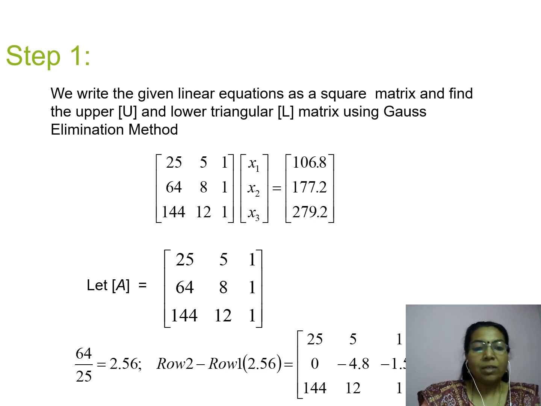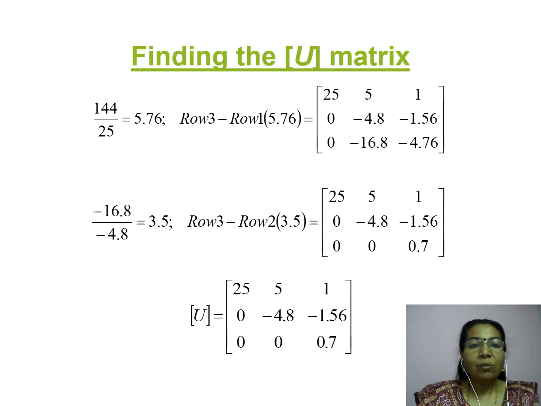Now we can use the row reduction method to find the lower triangular as well as the upper triangular matrix. First, we divide 64 by 25 and get 2.56. So row 2 minus row 1 times 2.56 gives the following matrix. Now we continue finding the upper triangular matrix by dividing 144 by 25, which equals 5.76.